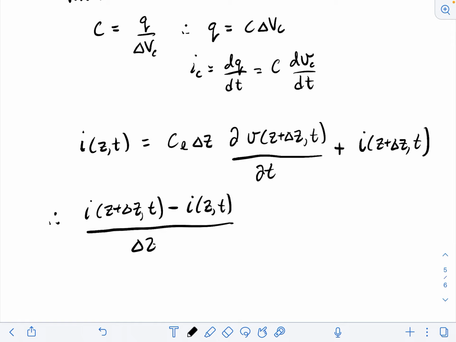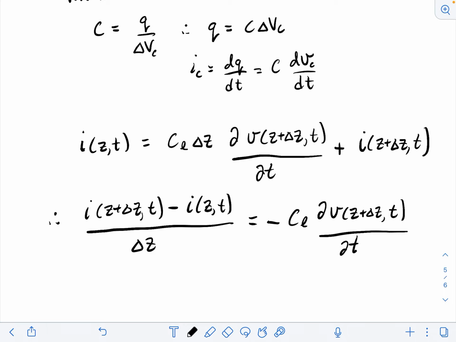Then we're going to have to subtract off the capacitance term, so we'll get a minus C per unit length. We've already divided by delta z, and then we have a dV(z+delta z), and it's a derivative with respect to time.